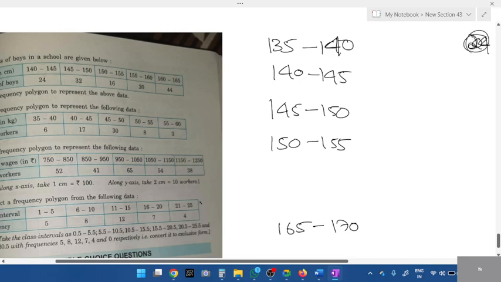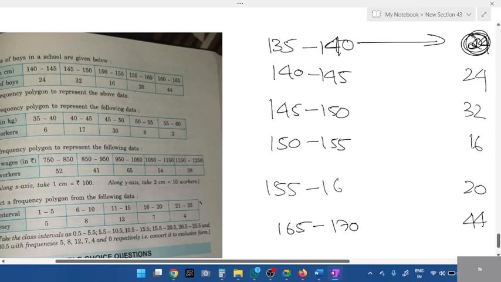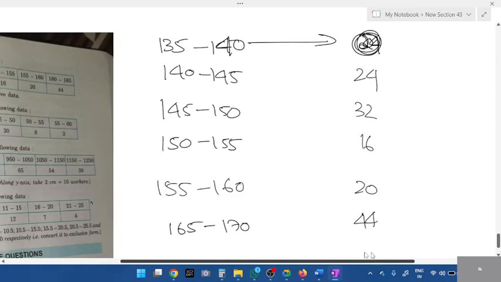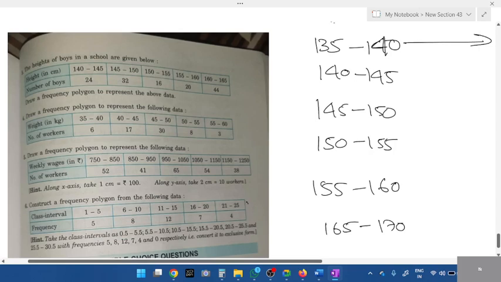Look at 0. The first value is what we assumed. Write it as 0. Next, 24, 32, 16, 20 and 44. Now, how do you find the middle term? What is given, students? Height is given, right?